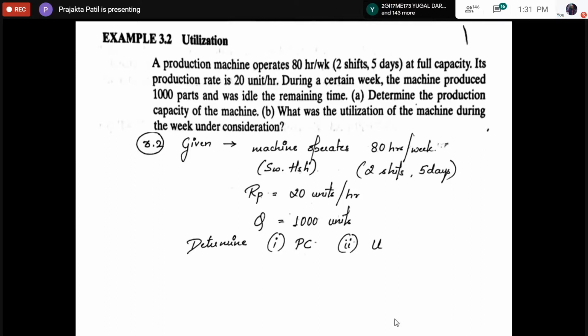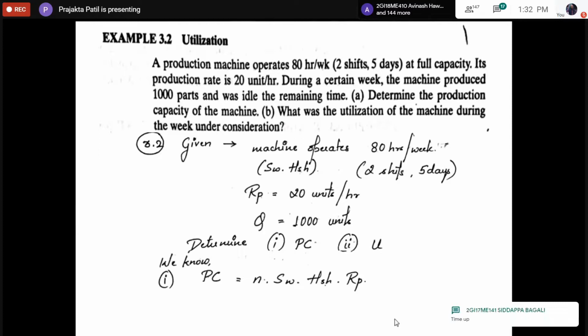Now you have to find what is PC and U. Simple substitution, consider the equations for PC and utilization and just substitute and get the solution. PC is 1600 units and U is 0.625.